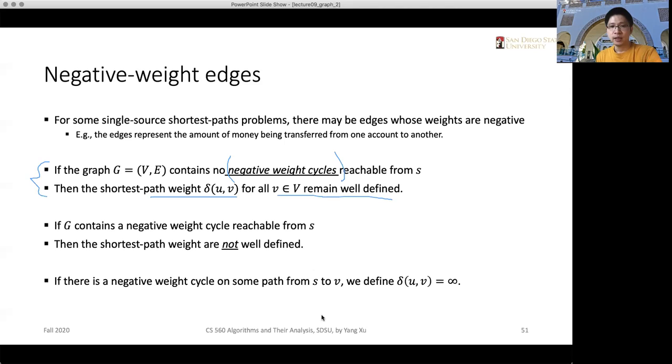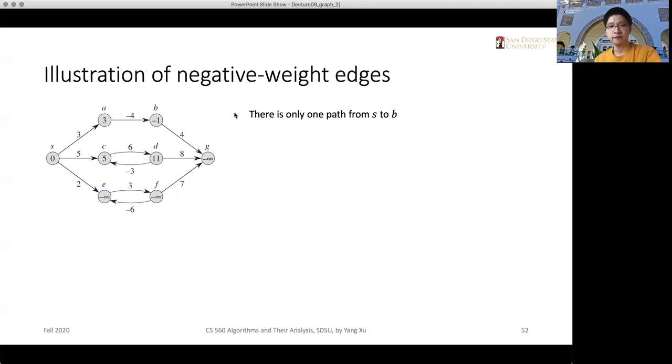If there's indeed a negative weight cycle on some path, then we have to define the shortest path to be negative infinity, because infinity means that it's not a real number. Let's see from some examples why negative weight cycles are something we want to avoid.